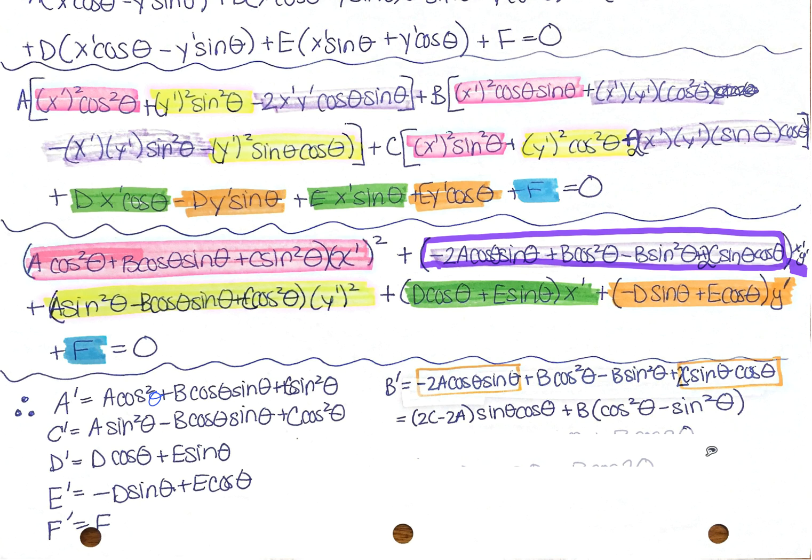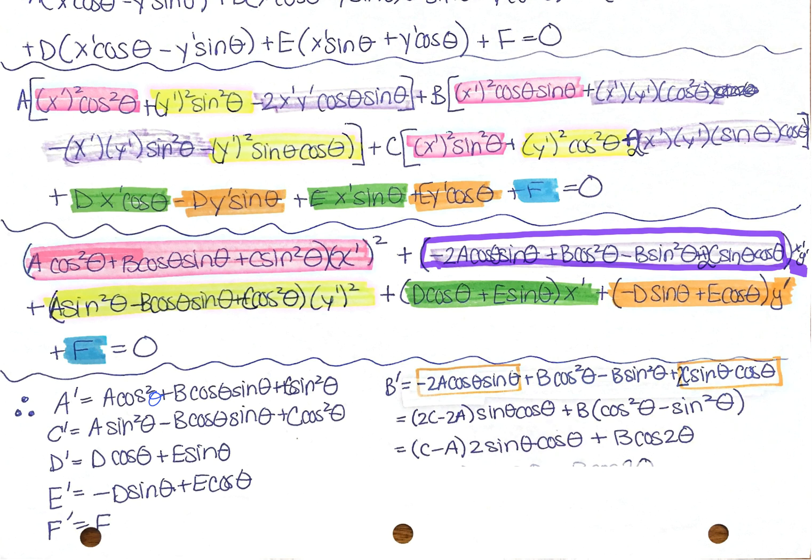I need 2 sine theta cosine theta. So let me take this 2 here and put it with that sine theta cosine theta, because now that becomes sine of 2 theta. And so now I have this, and now I can continue working with this equation.